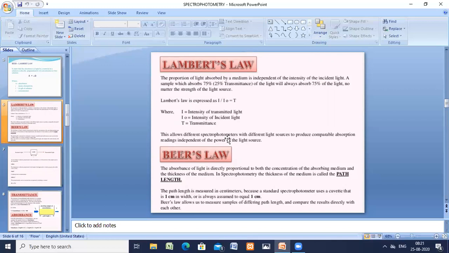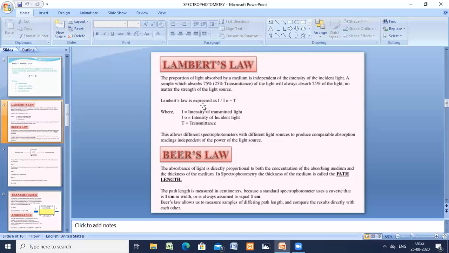So what Lambert explains is, when monochromatic light passes through a transparent medium, the rate of decrease in intensity with the thickness of the medium is proportional to the intensity of light.